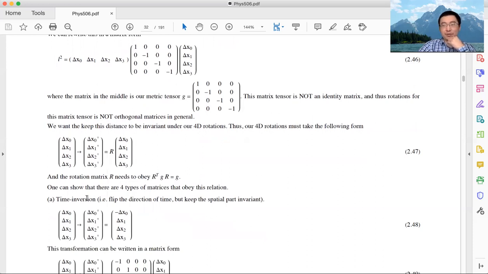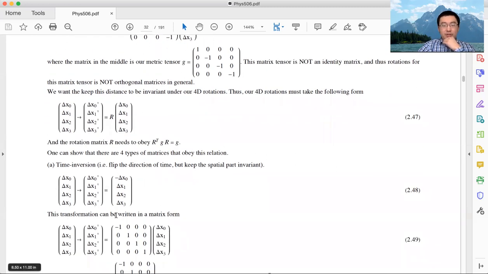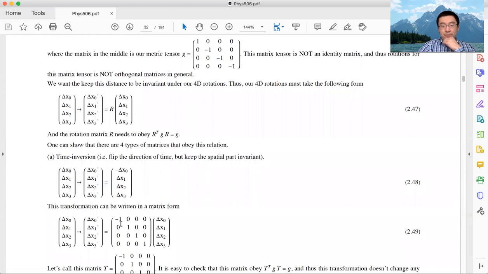This is the so-called time invariant. If we flip the direction of the time axis, flip the arrow of time, change the first component, which is time, to minus itself, then this transformation is described by this matrix. The time axis flips sign, the XYZ axes stay the same.